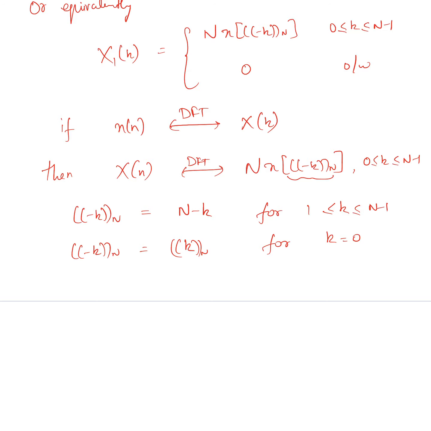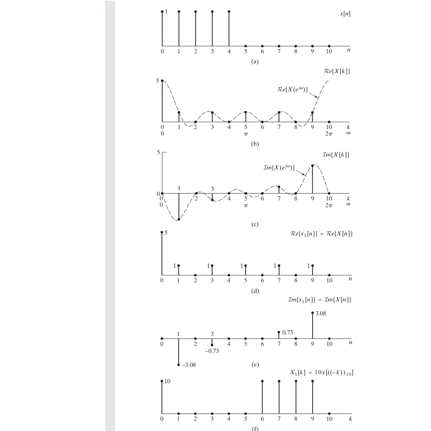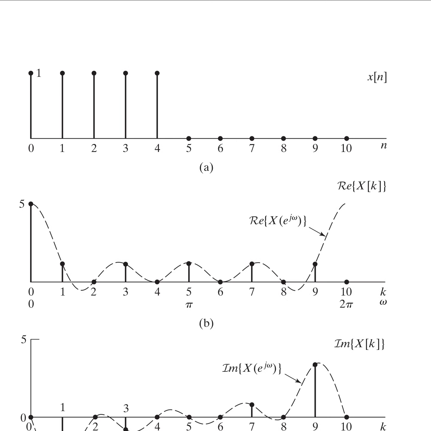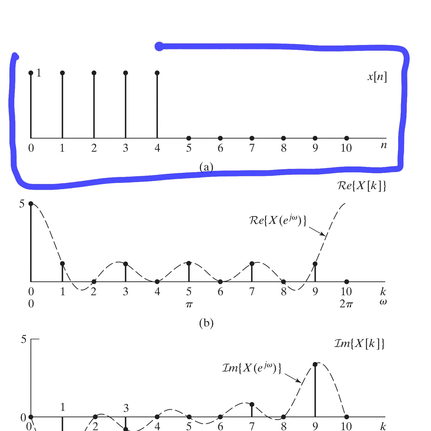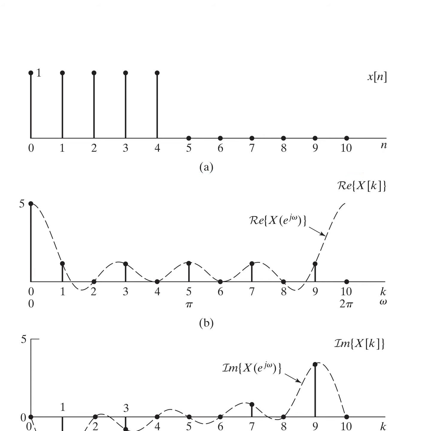So in this example, consider some finite length sequence. In figure A you see a finite length sequence where we have taken capital N equal to 10, let's say. From 0 to 4 it has some values, and after that we augmented it with the required number of zero valued samples.